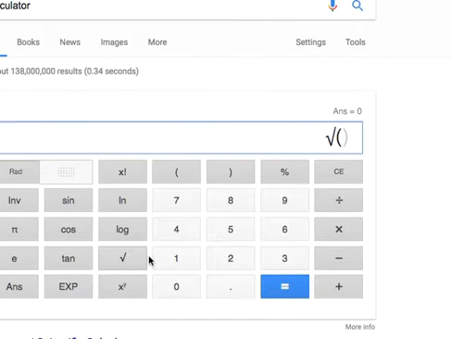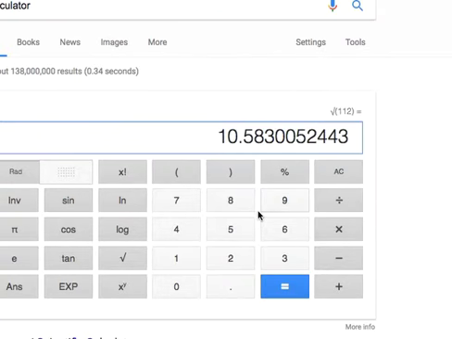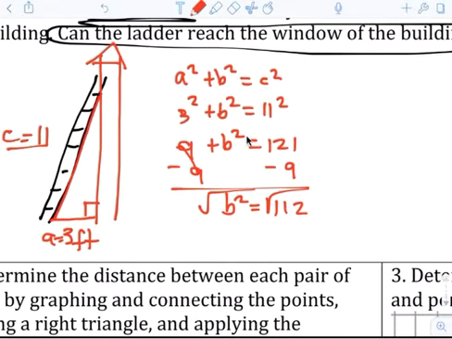Take the square root of 112 equals, okay, you take the first 5, that's an 8 after, so the 5 becomes a 6. So the ladder can reach up the building up to 10.6 feet.